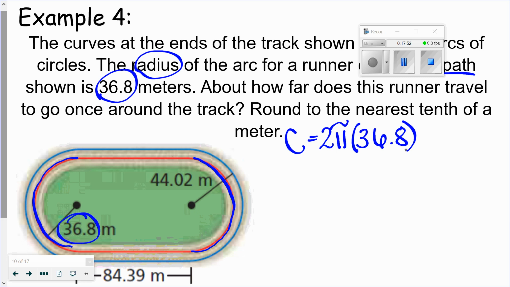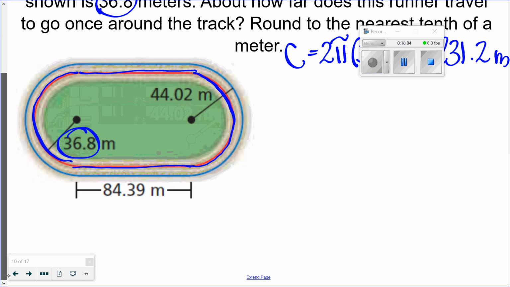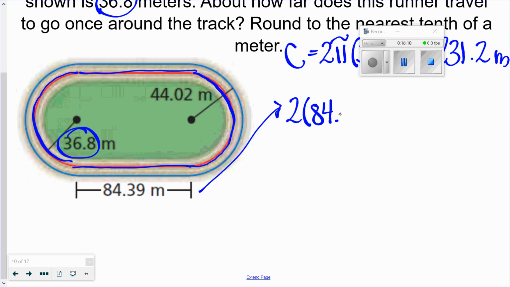And you get 231.2 meters. Okay, now you have the straight part of a track, and you've got two of them. So for the straight part, you are going to take 2 times 84.39. That is 168.78.